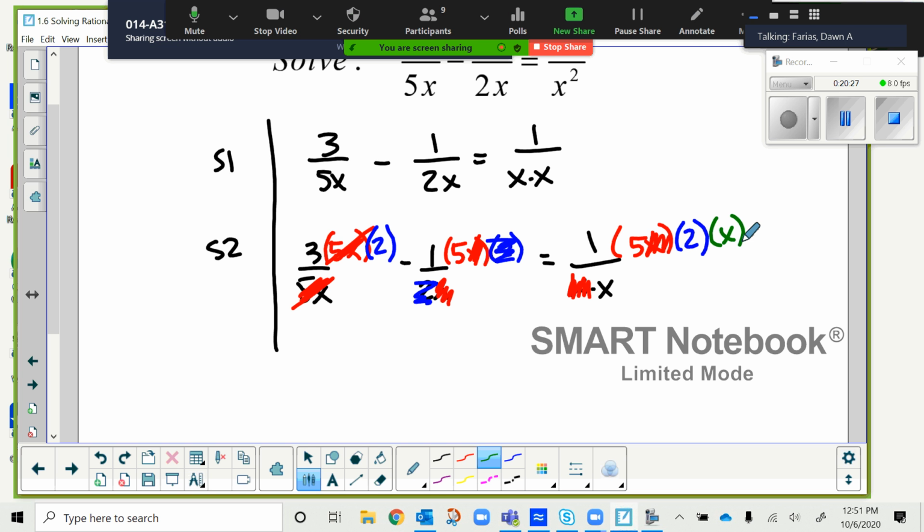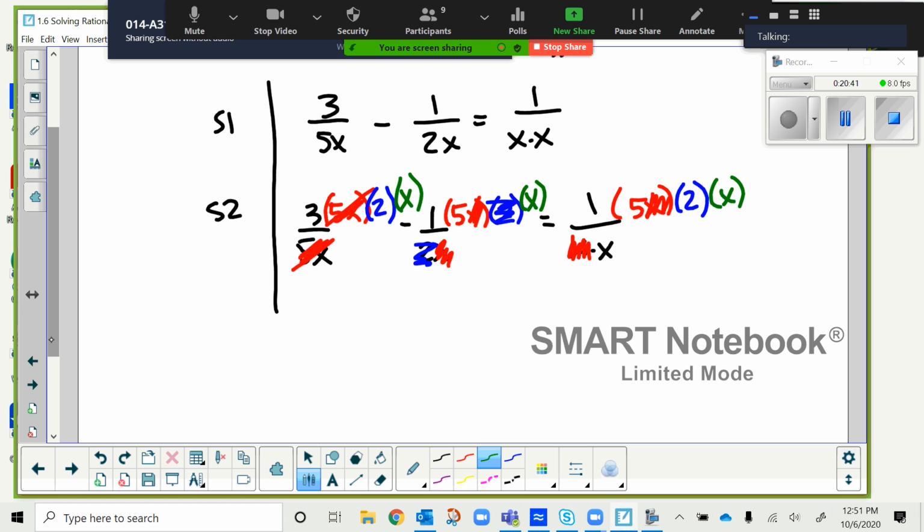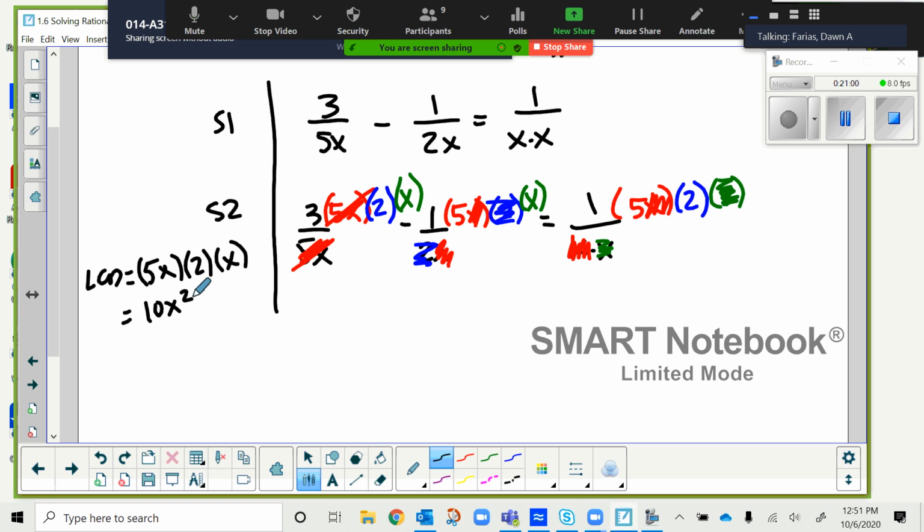And because I had to do it on that side, I have to do it to everything else as well. And so that x on the right that's on top cancels out the x on the bottom. So my LCD ended up being the red stuff, 5x, times the blue stuff times the green, or 10x squared.